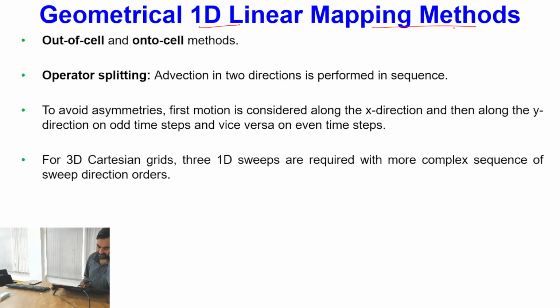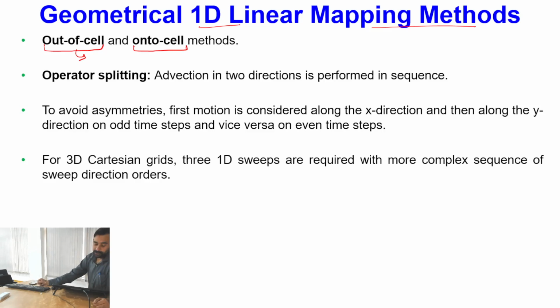Okay. So in this class, there are two types of methods. One is called the out of cell method and the other class of method is called the onto cell method. The meaning is very clear based on the words. The out of cell method tells how much flux of the reference phase, or how much portion of the reference phase, actually will be going out of the cell into other neighboring cells.